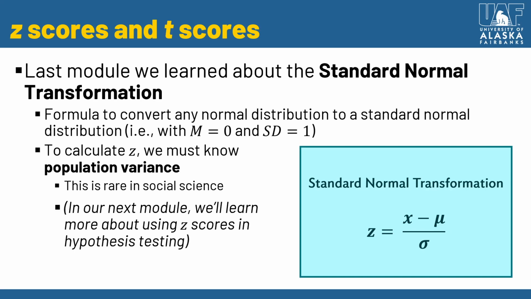Just know that we'll talk more about z-scores in the next module and how we use them for hypothesis testing. For this module, just know that to use z, we have to already know the population variance.